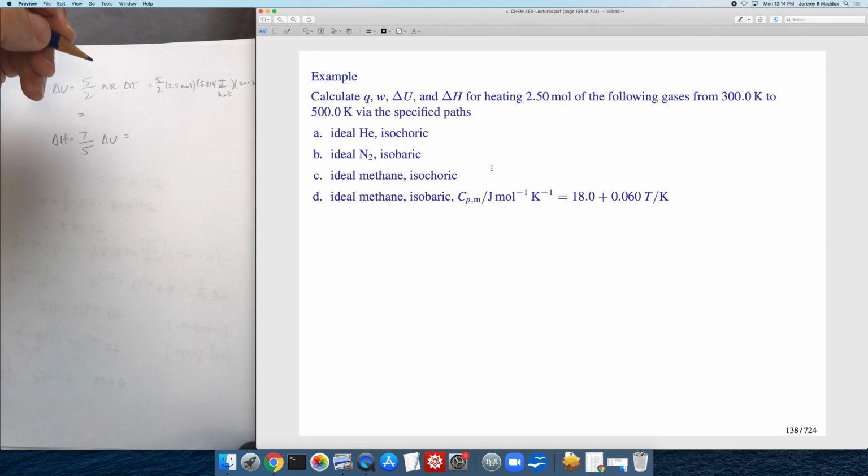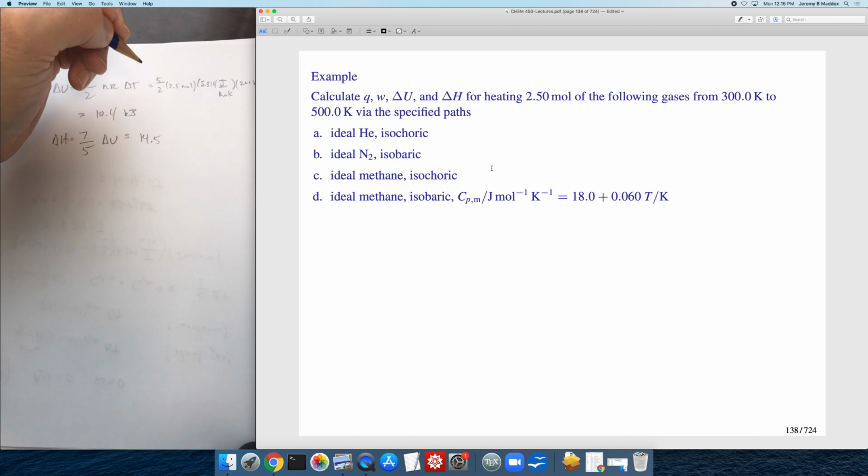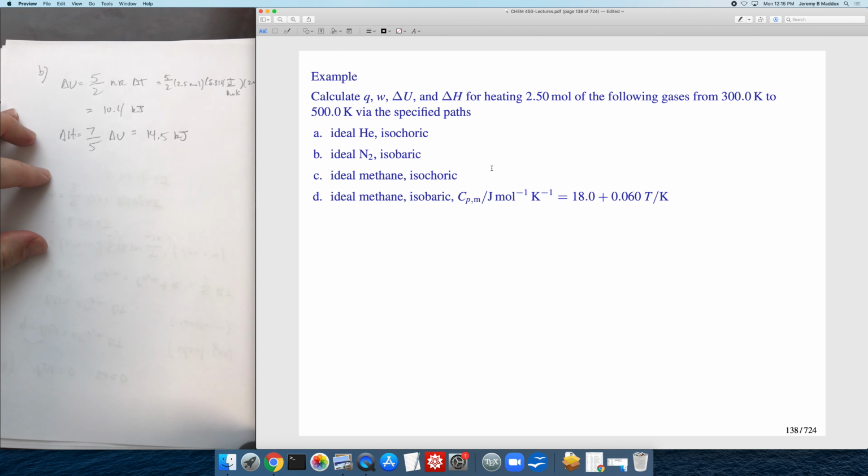So I'm getting 10.4 kilojoules here, and 14.5 kilojoules for delta H. What about the heat?